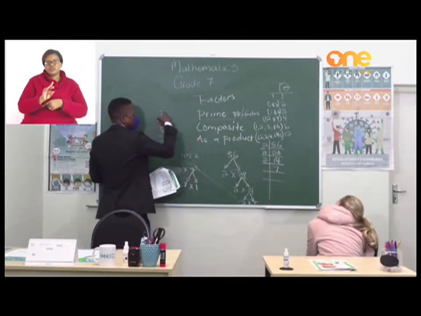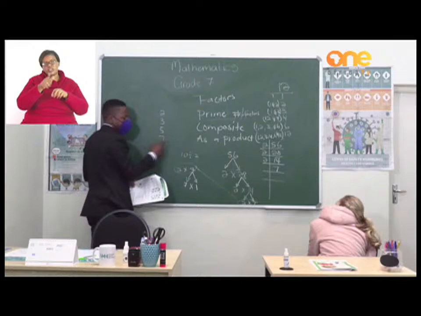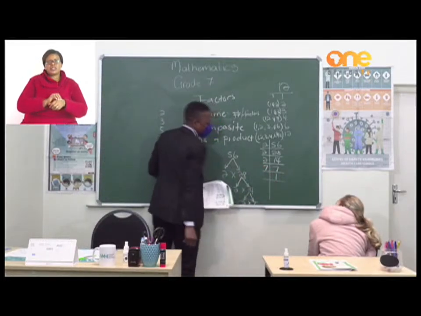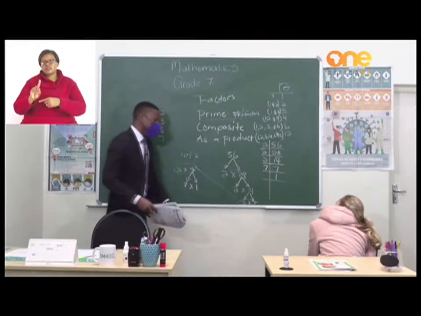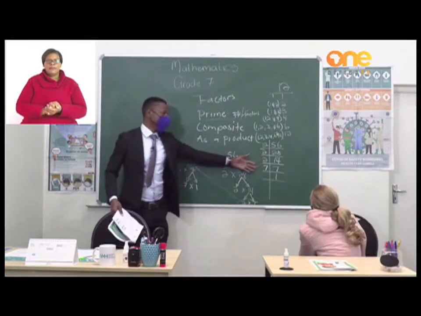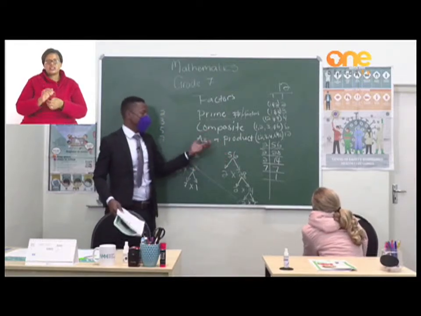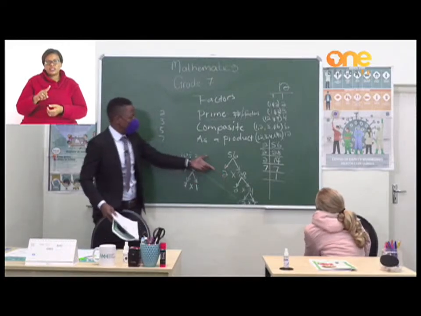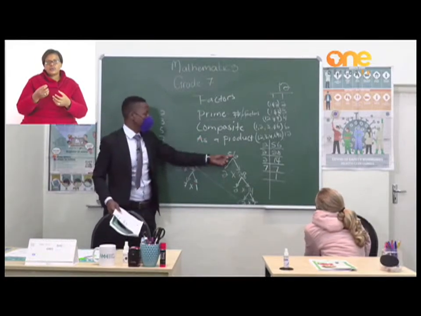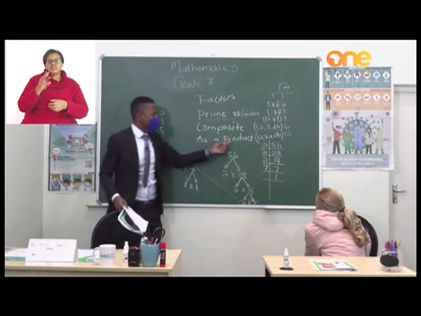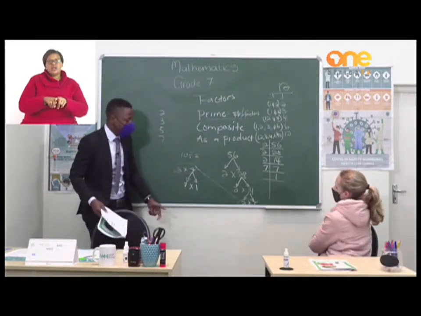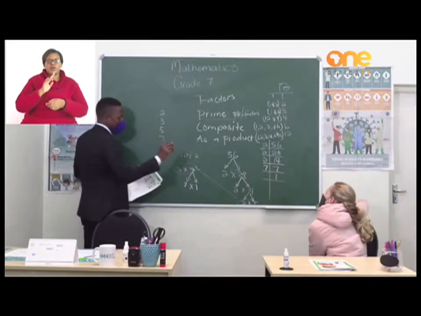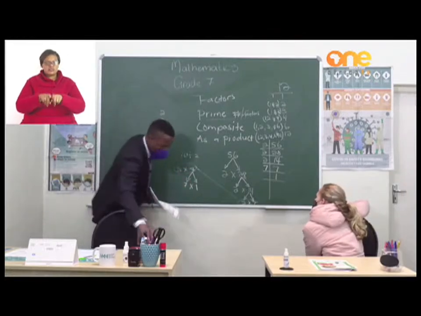We must find the next prime factor that can divide into 7, which of course is 7, and then you get your 1. This is your working, the work you have done to prove how you get to the answer. But you have not yet given the answer to write 56 as a product of its prime factors. To answer this question, you must write it this way. Just erase this.